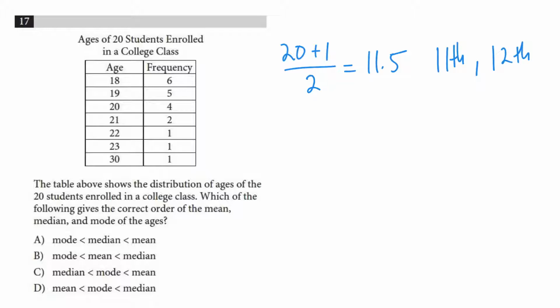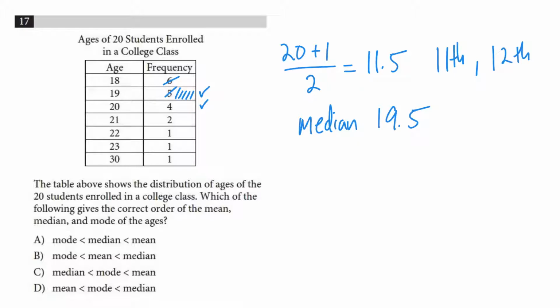Let's find the 11th and the 12th. So we have 1, 2, 3, 4, 5, 6, and then we have 7, 8, 9, 10, 11. Okay, so the 11.5 is going to fall in between the 19 and 20 age range. So the median for this is going to be 19.5.